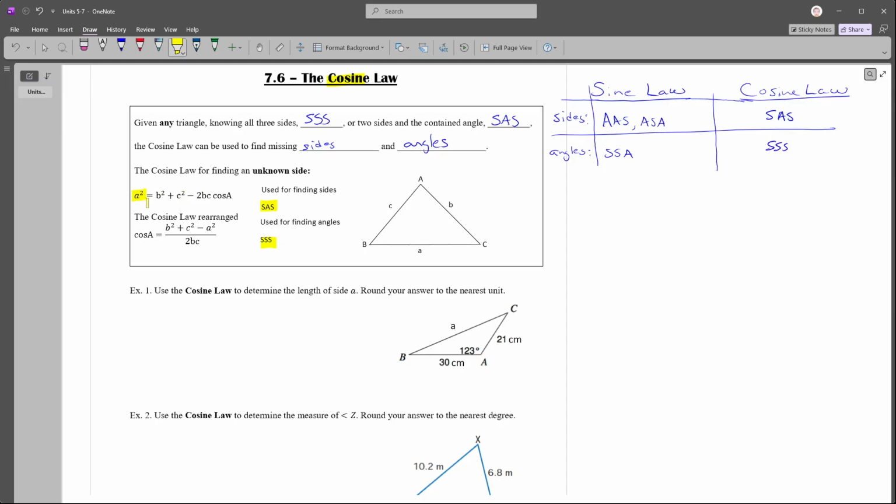So a squared is equal to the sum of the squares of your other two side lengths, minus 2 times those side lengths, bc again, times the cos of the angle corresponding to the side you actually want. Holy smokes. Well, this looks an awful lot like the Pythagorean theorem, so that might help you memorize this. a squared is equal to b squared plus c squared minus 2 times bc again times the cos of the angle corresponding to what we're looking for.